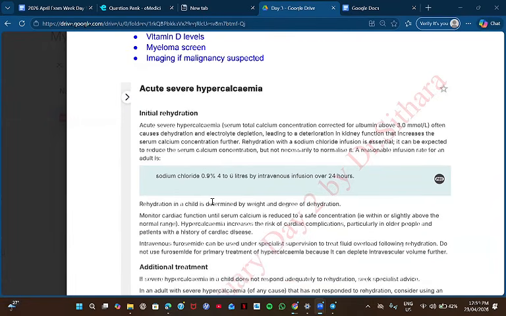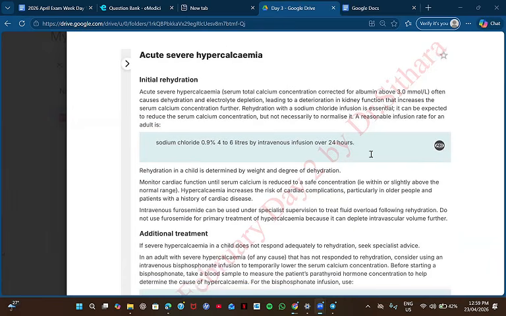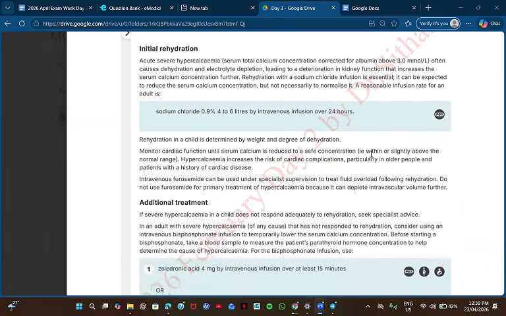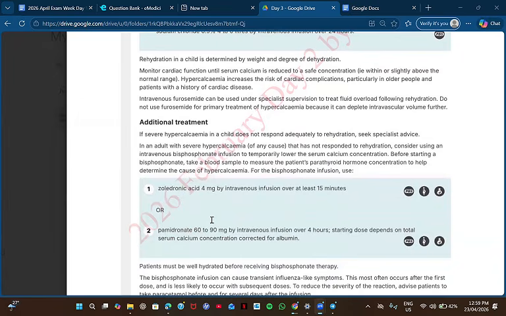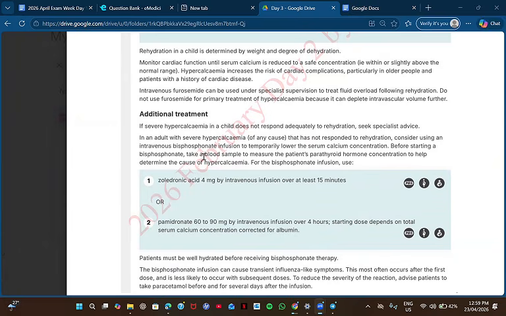So for acute severe hypercalcemia, initially what we should do is rehydration: sodium chloride 0.9%, 4 to 6 liters by intravenous infusion over 24 hours, right? Very important. What are the additional treatments? In adults with severe hypercalcemia of any cause that has not responded to rehydration, consider intravenous bisphosphonate.